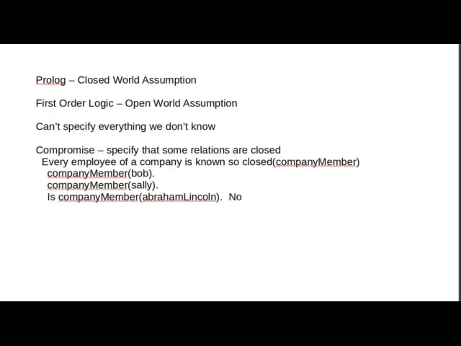Either he's on the payroll or he's not on the payroll, and I should be able to fail fast if I don't find a Bob on the payroll as opposed to just saying I don't know. And conversely, if I ask, is Abraham Lincoln on the payroll? Well, if he's not listed on the payroll, I should be able to absolutely say no. So this is one way to handle it without making a blanket commitment to either the open world or the closed world assumption.